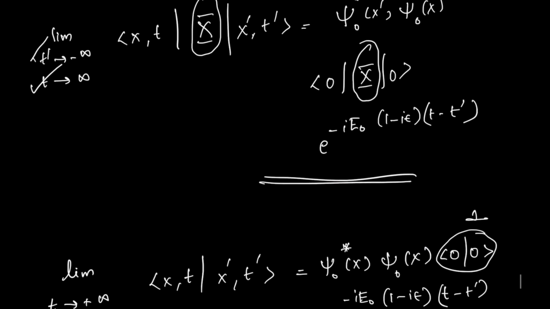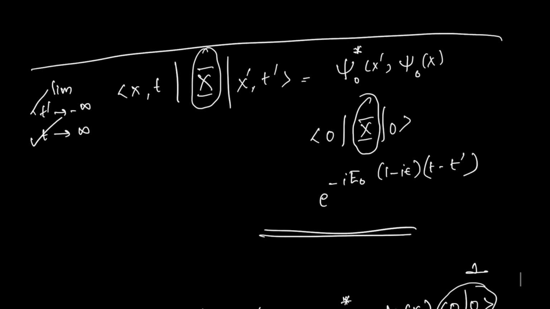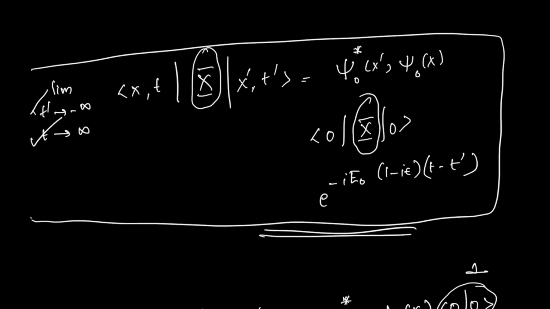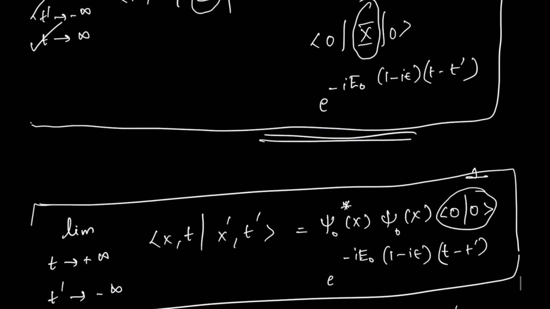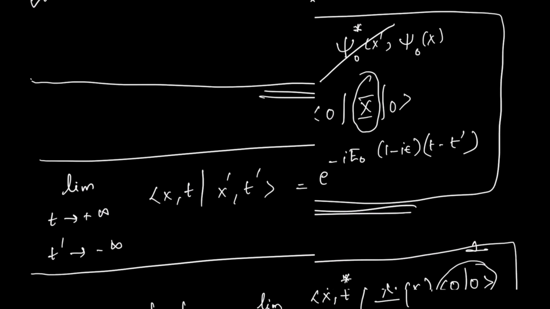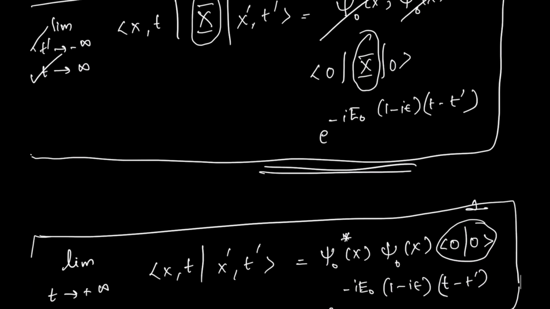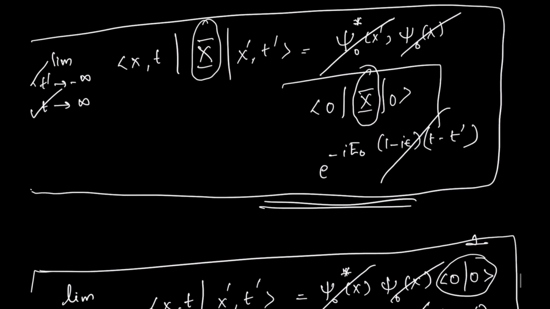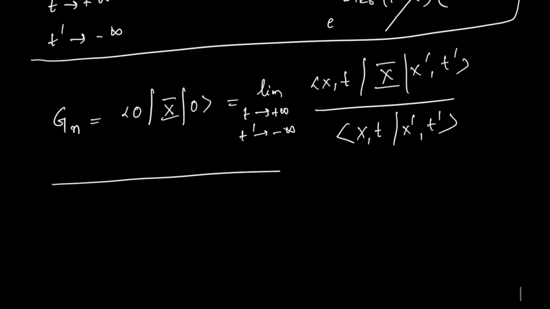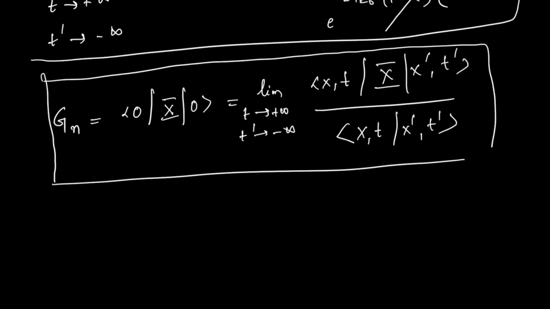So if I divide these two, that means this equation divided by this equation, all the other terms are the same. So psi naught star psi naught will get cancelled, the e to the power will also get cancelled, so the only remaining term will be the vacuum expectation of the time ordered product, right? So you get this one: the time ordering in vacuum.